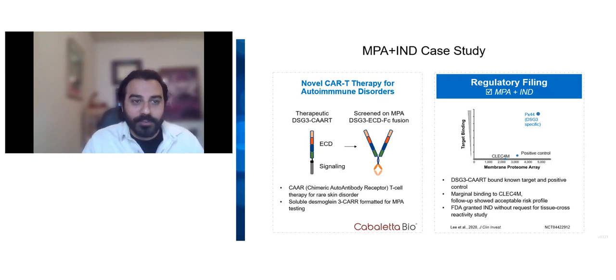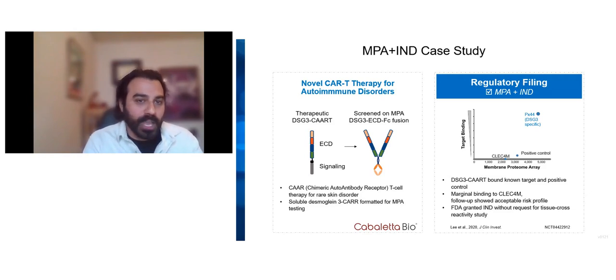Now, another affiliate neighbor that we have here, Cabaletta Bio, has also been incorporating us into their development processes for a while now. With them, we have screened some novel modalities for cell therapies, and they have used our data in successful IND submissions, which we are especially proud of. What is most interesting about this project, I'd say, is that we did identify an off-target interaction for this molecule.